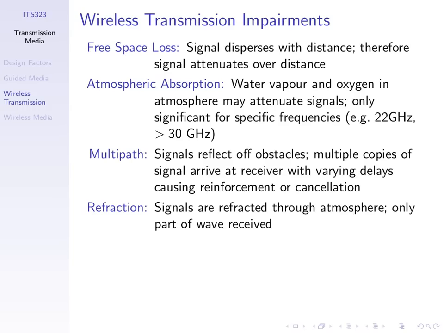Depends upon the frequencies and the materials that it needs to pass through. In some cases, there's things called multipath, where signals bounce off walls and multiple copies of that signal arrive at the receiver. That creates problems. We're not going to explain or go into any detail of these three. Let's focus on how much power do we lose between transmitter and receiver.